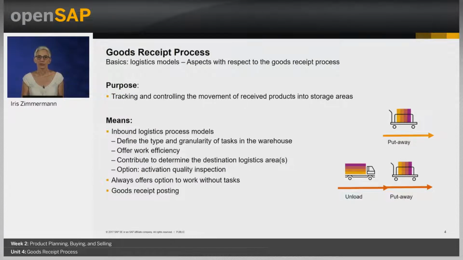The inbound logistics models control the movement of the received products to the destination storage areas. We offer two different inbound logistic model types. One is standard receiving, the other is goods return receiving. You can control the process steps for returned products differently from the purchased products, for example, if you want to enable quality inspection for the returned goods.